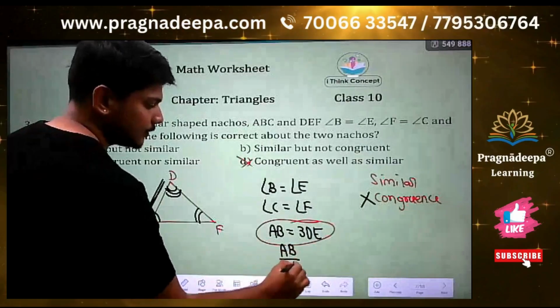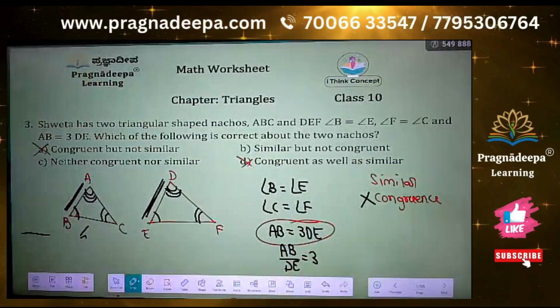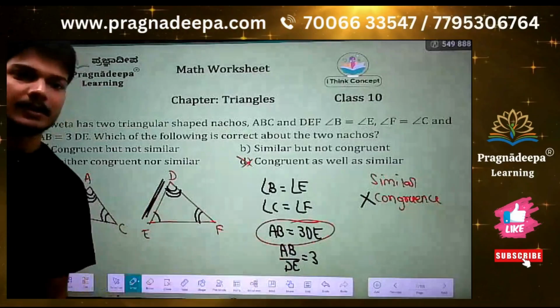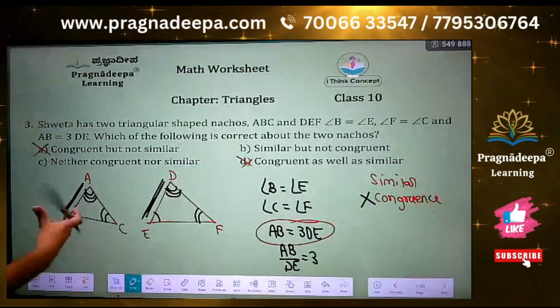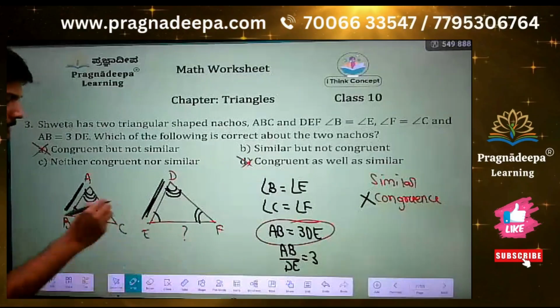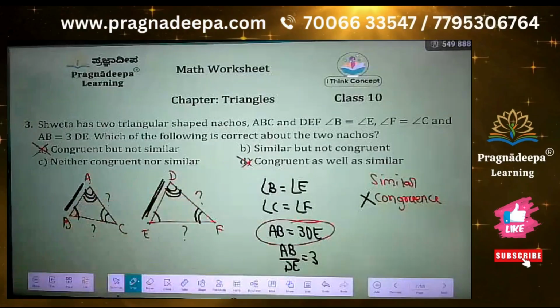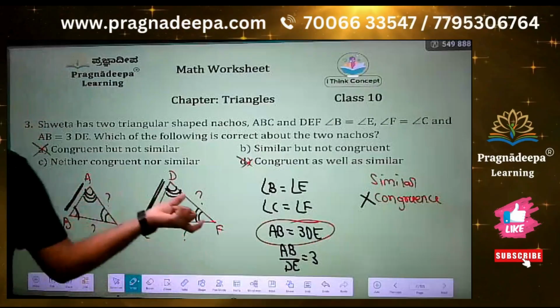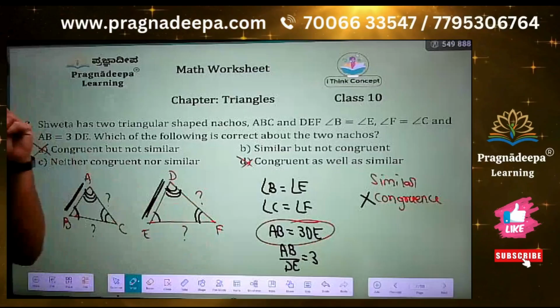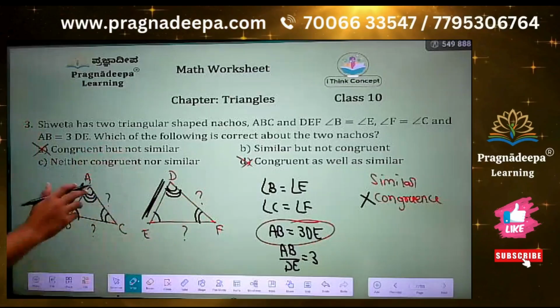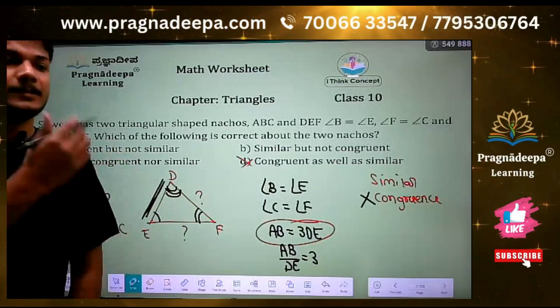But they have not mentioned BC, EF, AC and DF, the corresponding sides. So as Sanghavi said, we need to apply the AA criteria here.